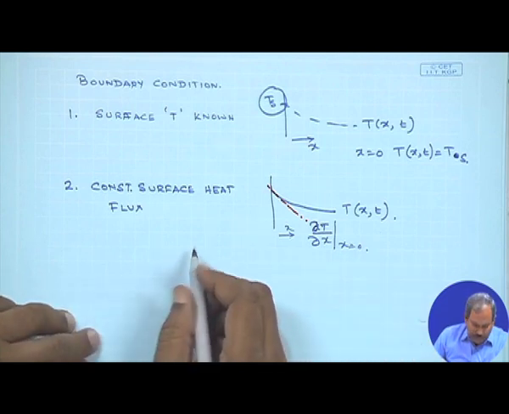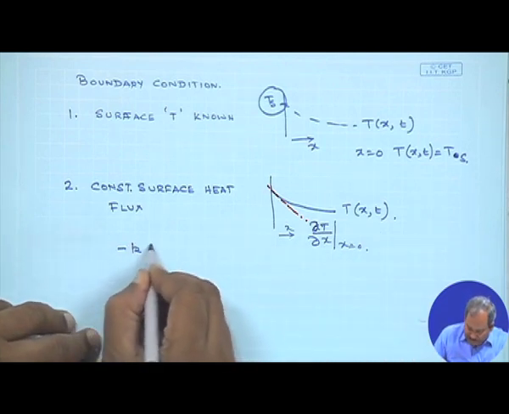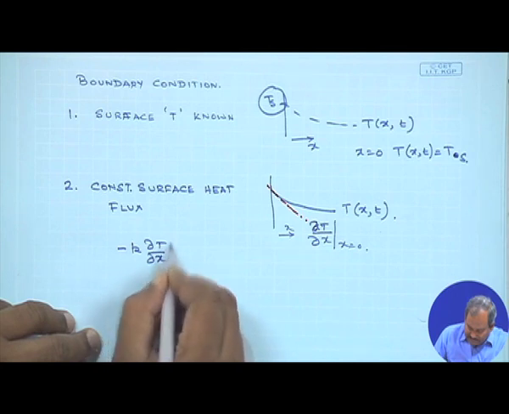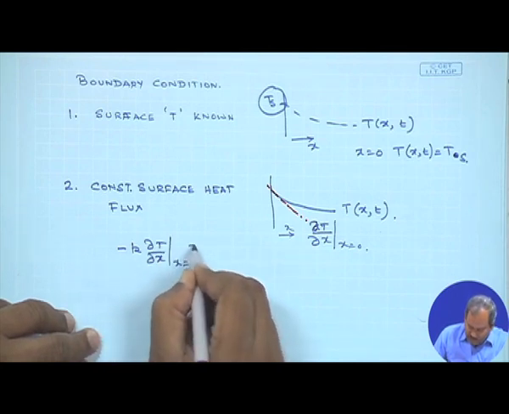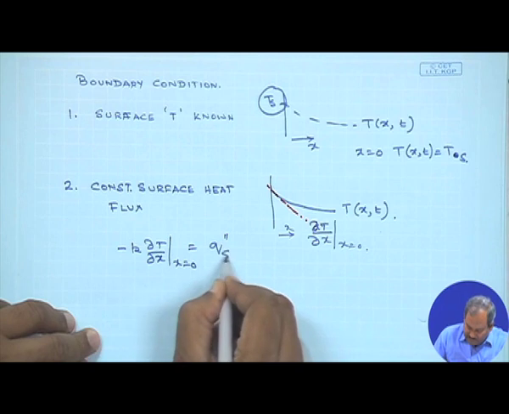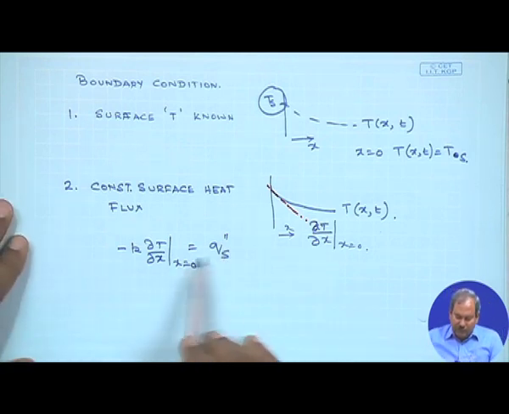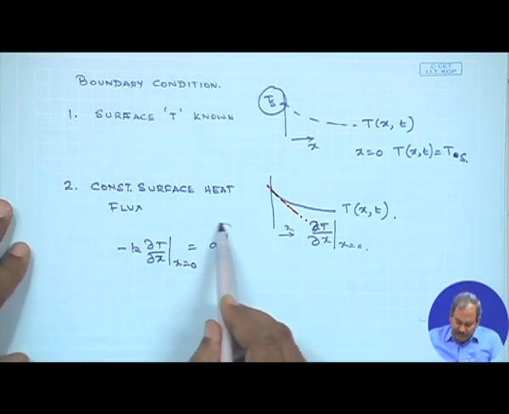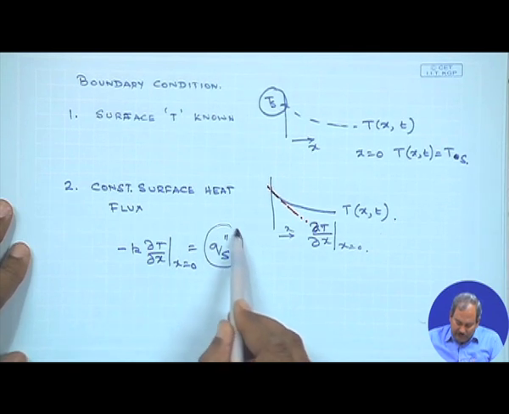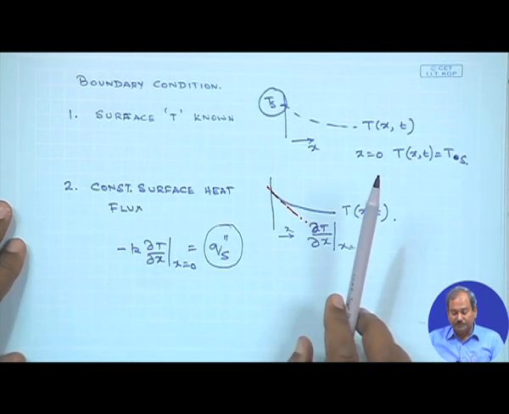If you multiply this with minus k, minus k del T by del x at x equals 0 is nothing but the heat flux at this surface. So, it could be such that this value of q dot double prime is provided to you.